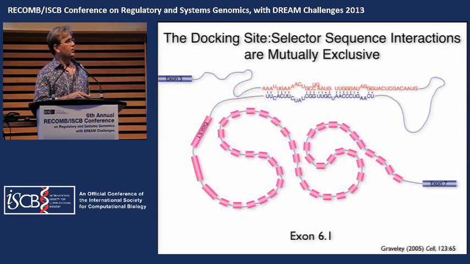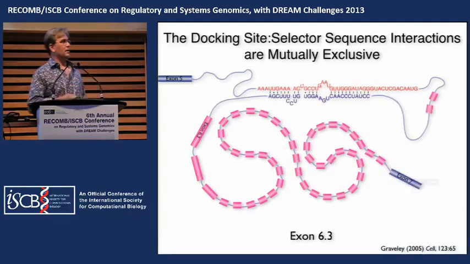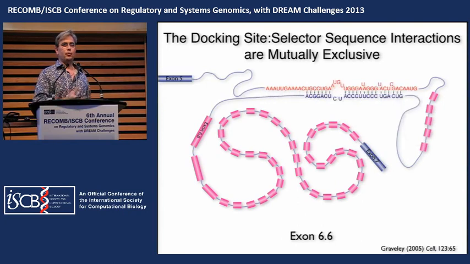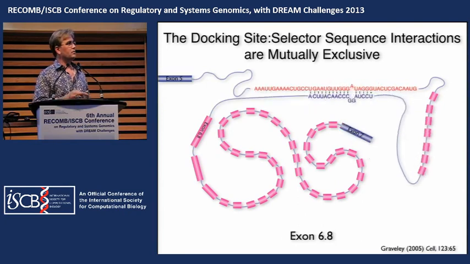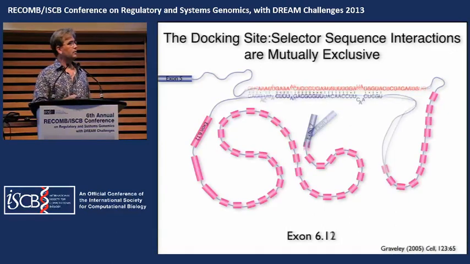So you have exon 5 here, and this would be the docking site in red. Then you'd have the selector sequence for exon 6.1, and that would base pair there. And the binding of each of these selector sequences prevents the binding of the 47 other selector sequences. So when one of these binds, it's mutually exclusive with the binding of all the other ones.